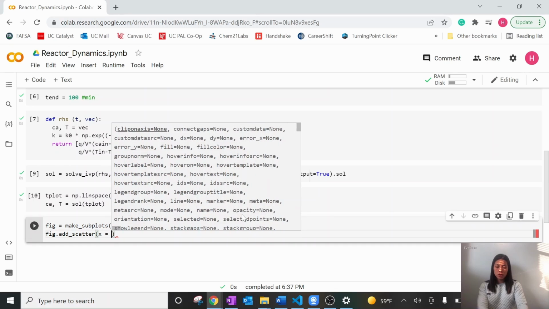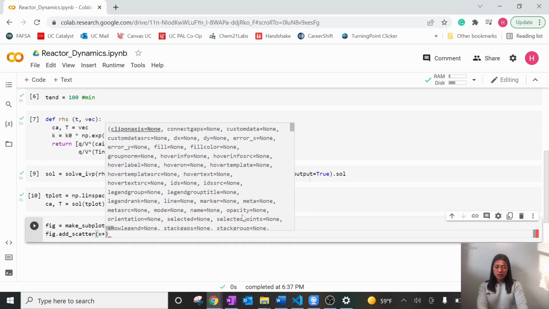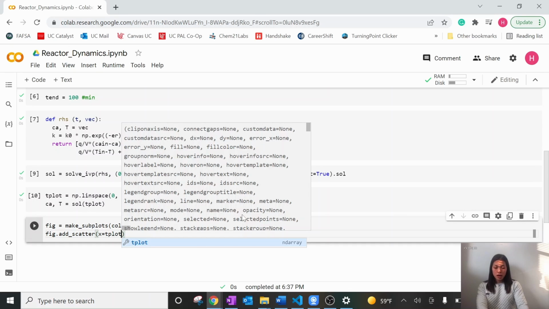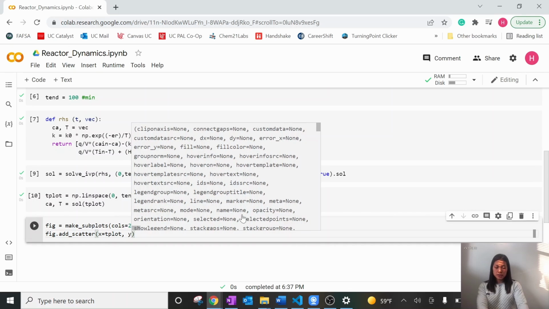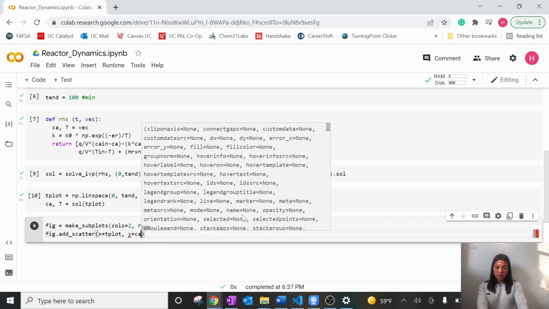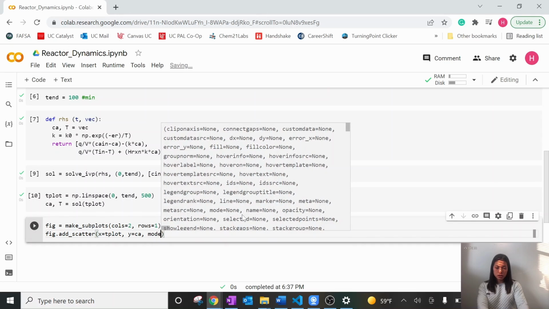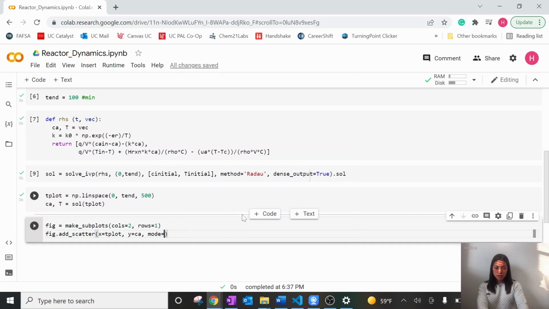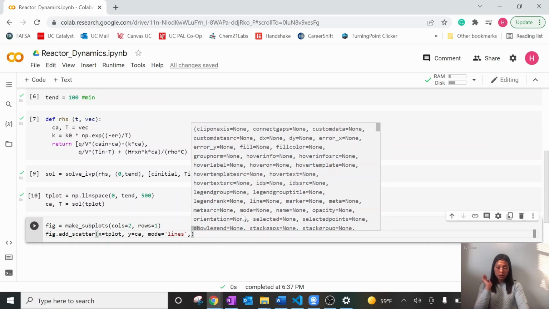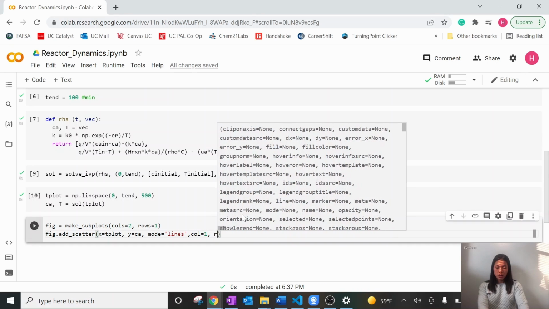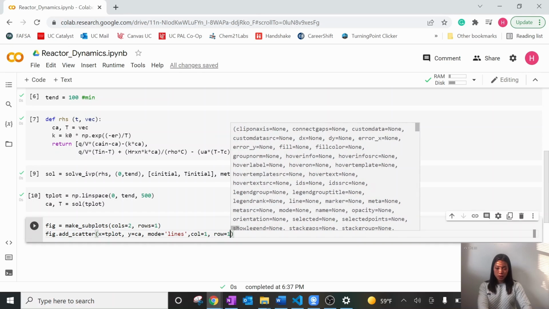The x value is going to be t_plot, which is the times that we have set, so that's going to be on the x-axis, and on the y-axis is going to be the concentration of A. Our mode is going to be lines, and we are going to have this be on the left side, the first column, the first row, or the only row.